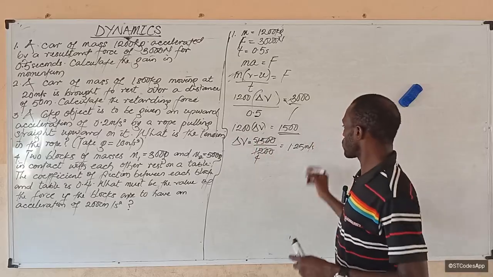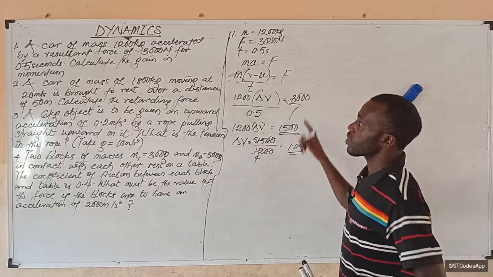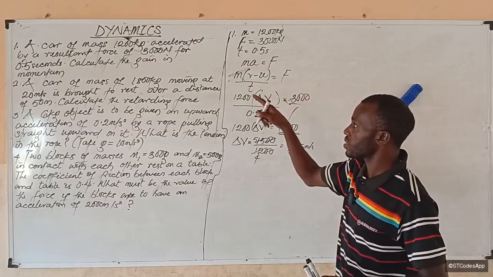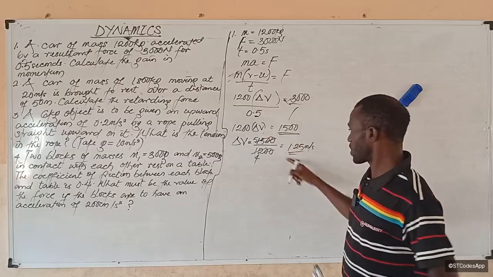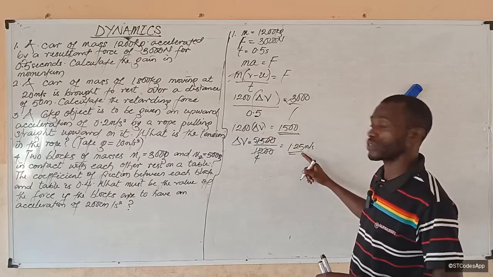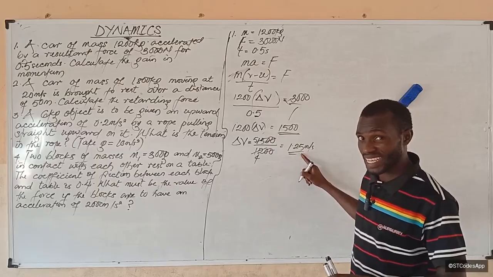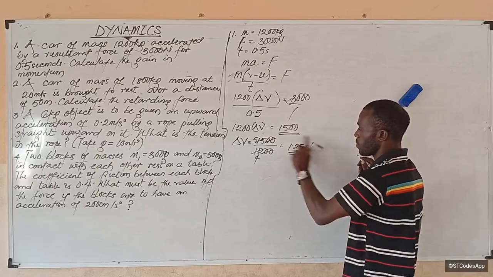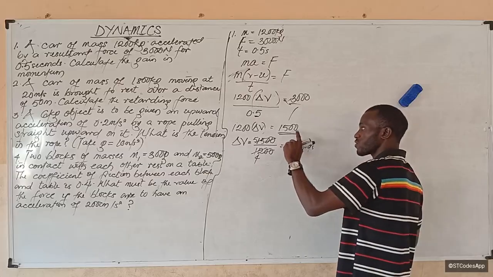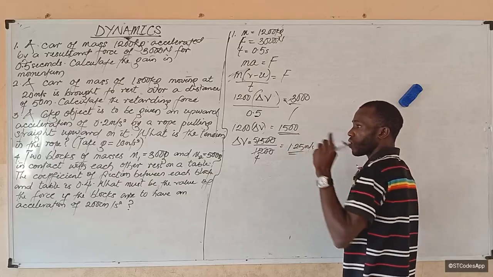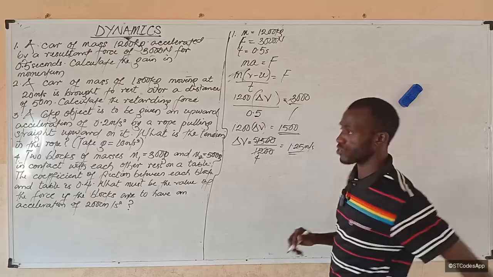So the change in velocity of the body is this. Is that clear? But the gain in momentum, it gained this in momentum. All right. But of course, the change in momentum is 1,500, or the impulse is 1,500.